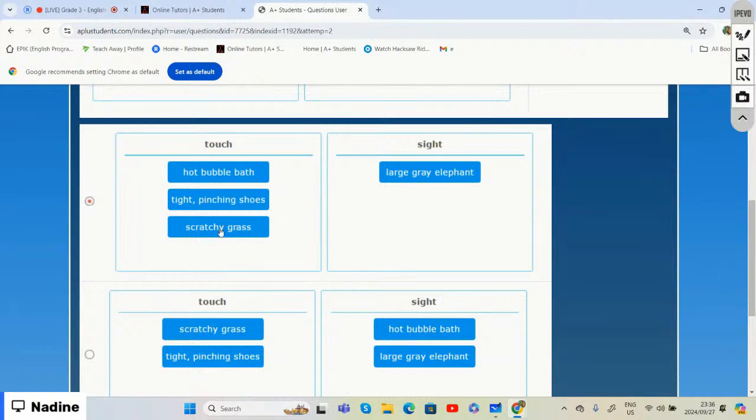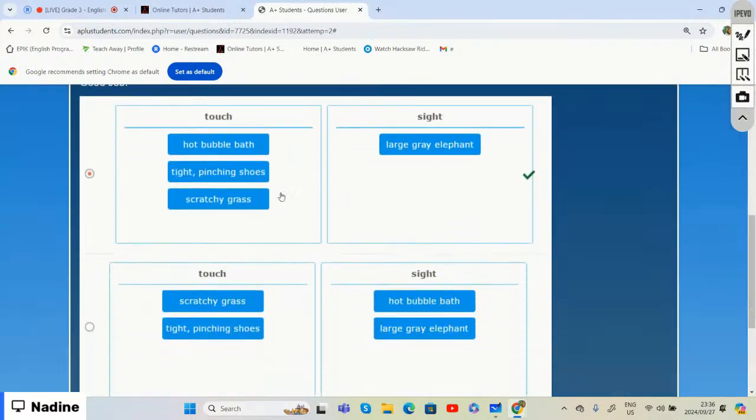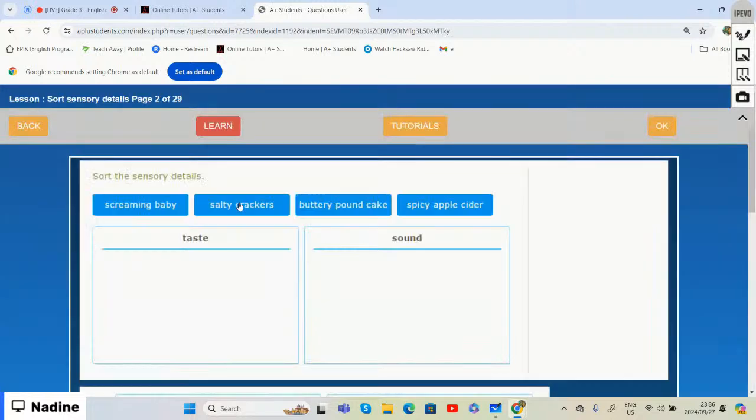So well done. The first one is correct. Yes, option one is correct. So well done. Which means that the ones that we can touch are a hot bubble bath and so on. Let's look at the next one.